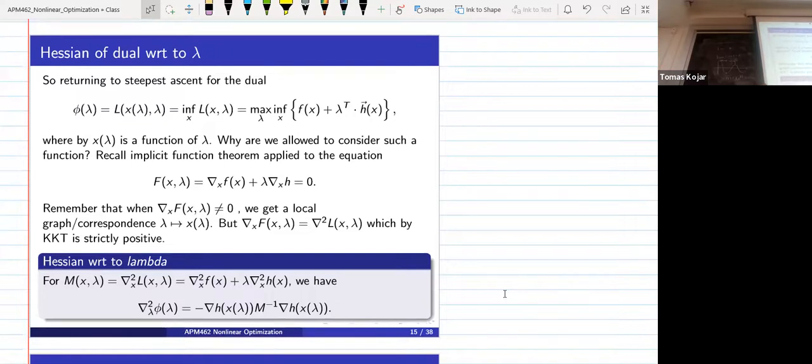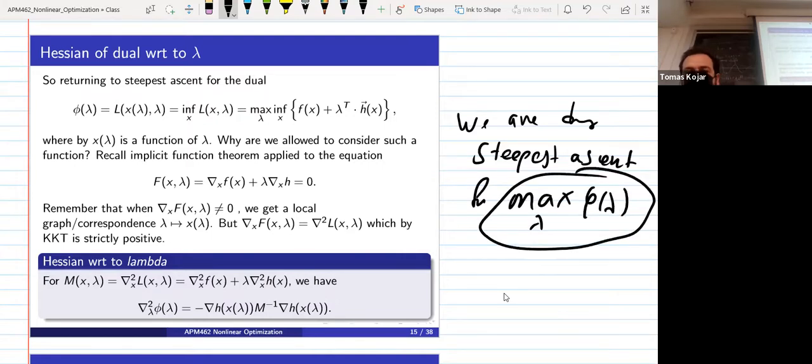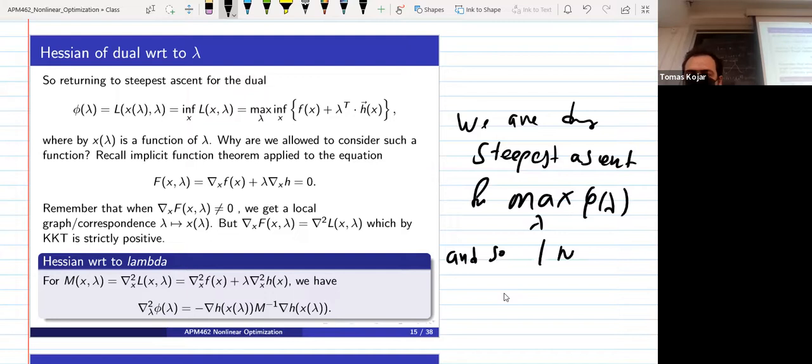Let me repeat. We are doing steepest descent for a maximum over lambda of phi of lambda. And so I need the Hessian.